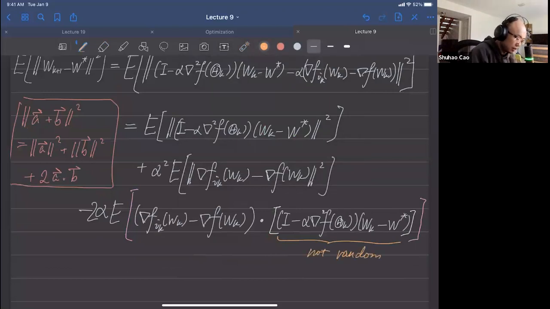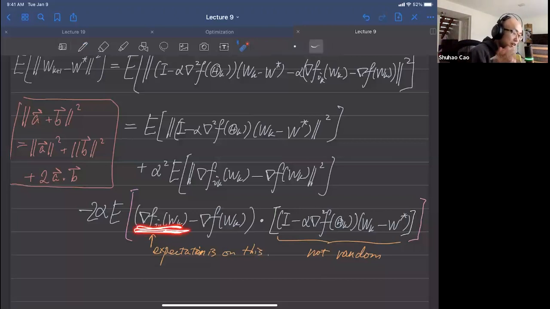Okay. So then the expectation is on this term. However, the good thing about it is, if we take the expectation of this, it's like one sample. When we take expectation, it's like the sample mean, and it actually equals this.